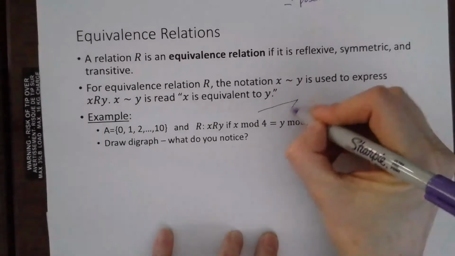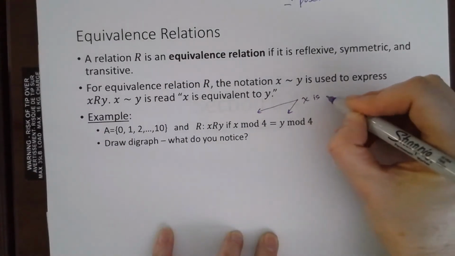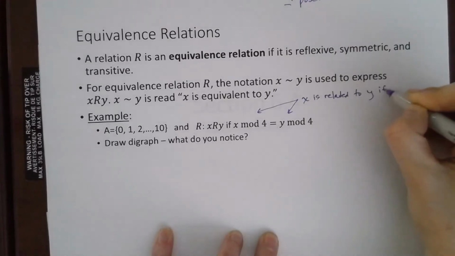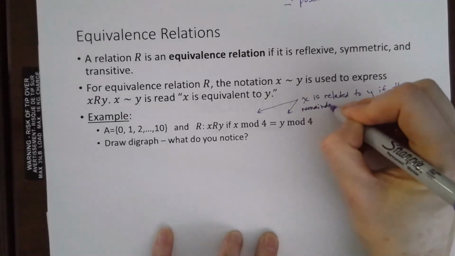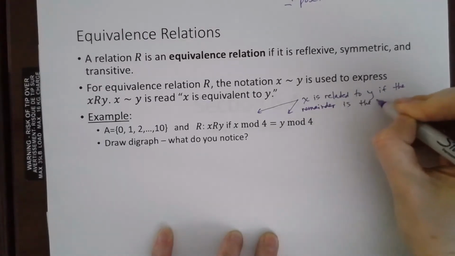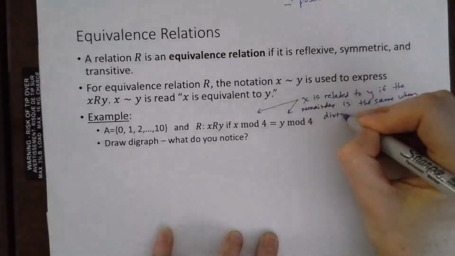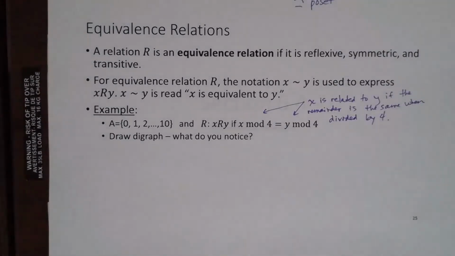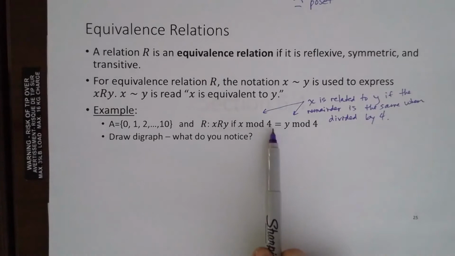So really what this is saying is x is related to y if the remainder is the same when divided by 4. That's what the mod operator does. It gives you the remainder. So when I take x mod 4, it'll tell me what the remainder is when I divide by 4.